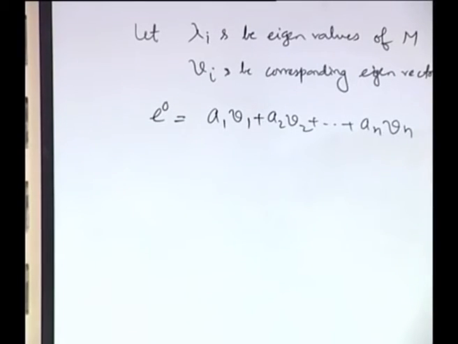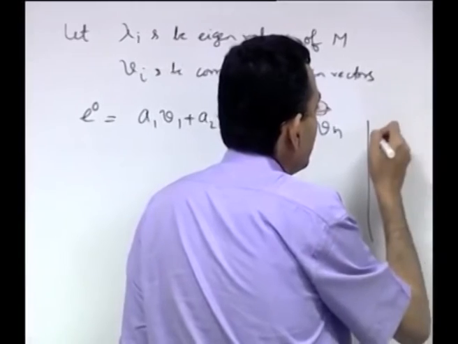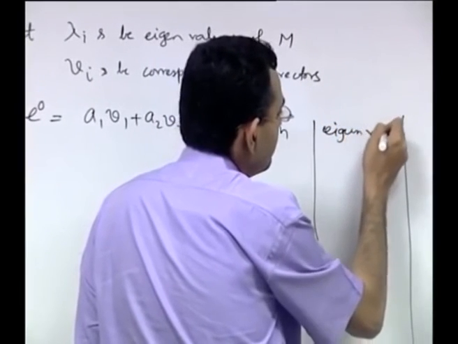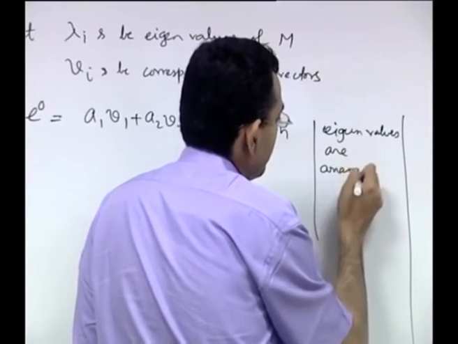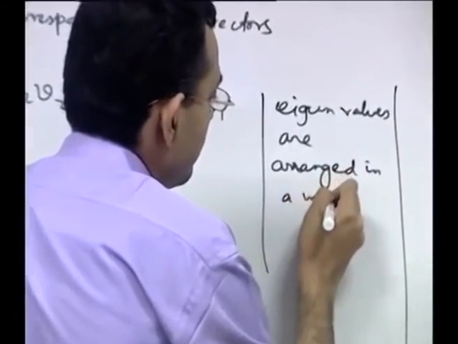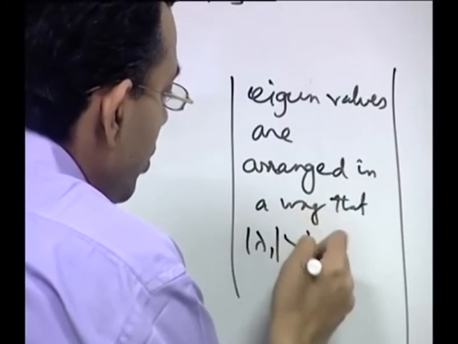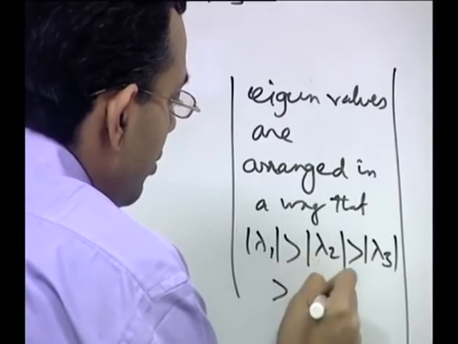While writing it in this way, we are keeping one thing in mind, that the eigenvalues are arranged such that mod of lambda 1 is greater than mod of lambda 2, greater than mod of lambda 3, greater than mod of lambda n.